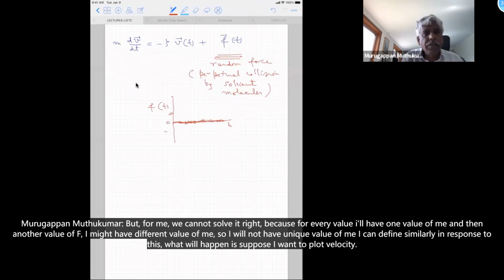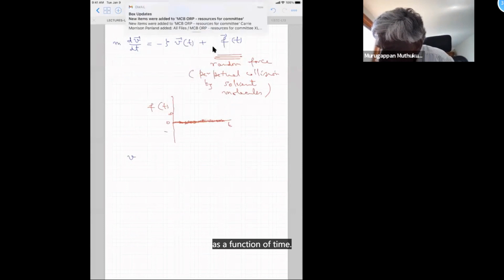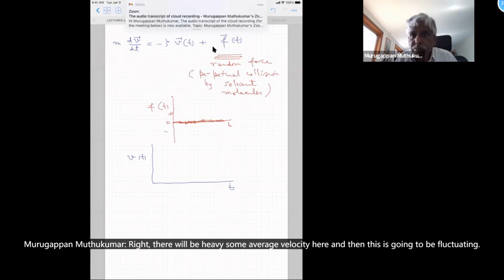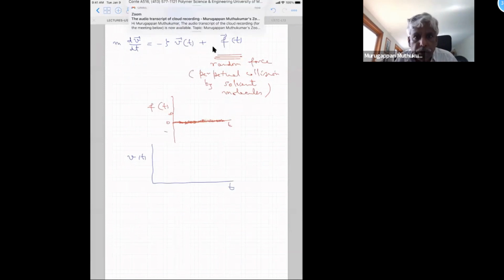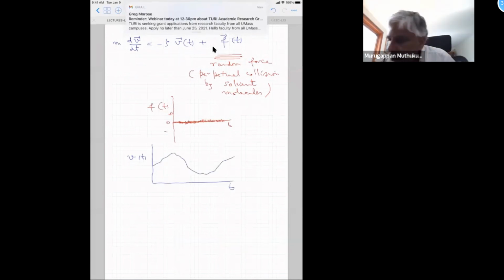Suppose I want to plot velocity as a function of time. There will be maybe some average velocity here, and then this is going to be fluctuating like this.